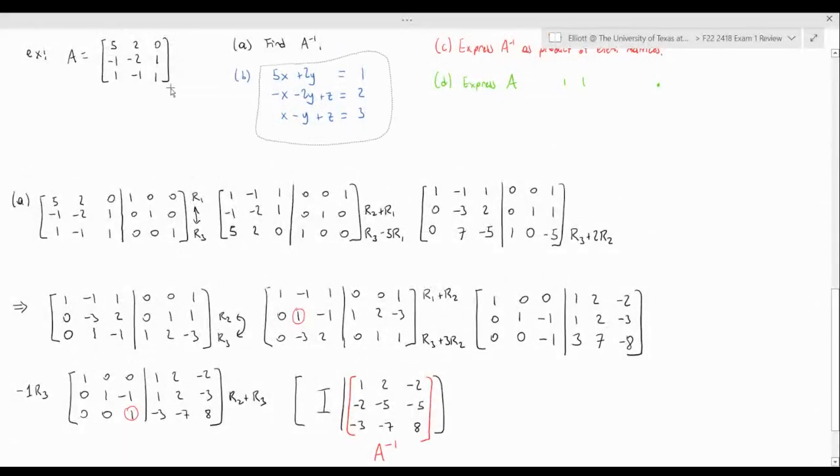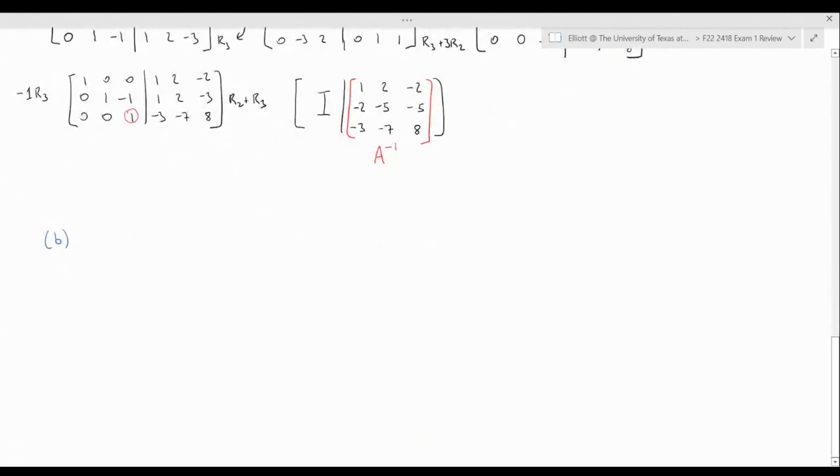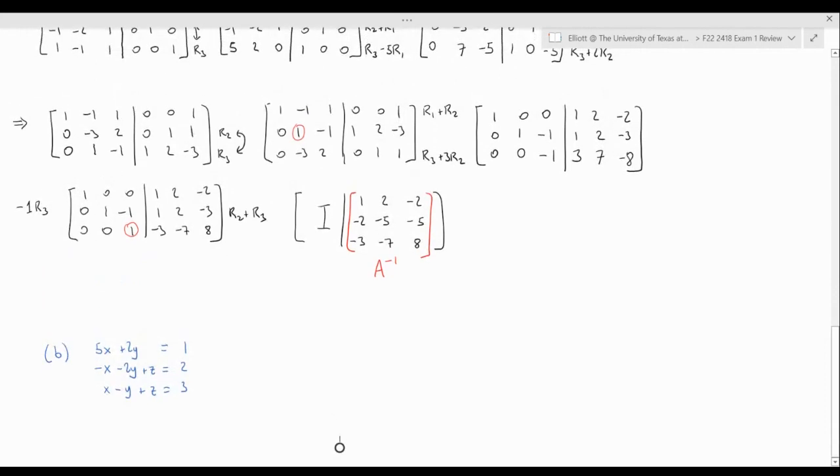Okay, so just real quick for this. One of the things that you can do with the inverse of a matrix is you can use it to solve a system of equations, okay?